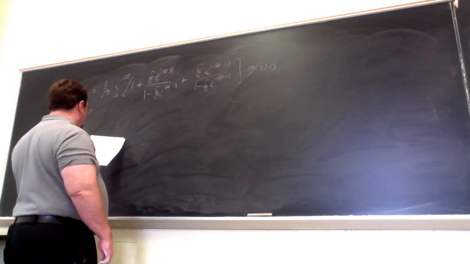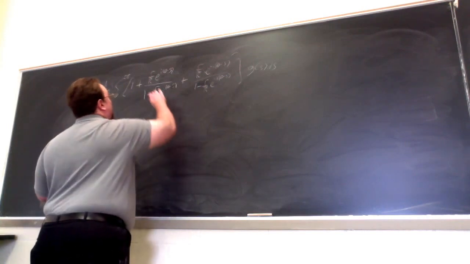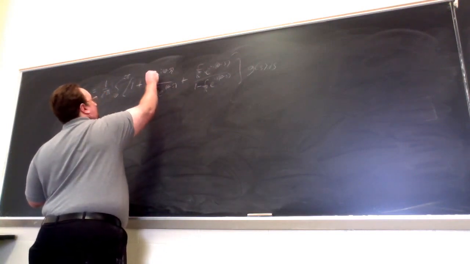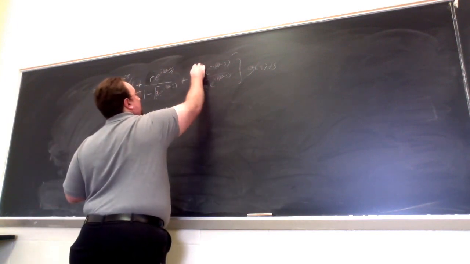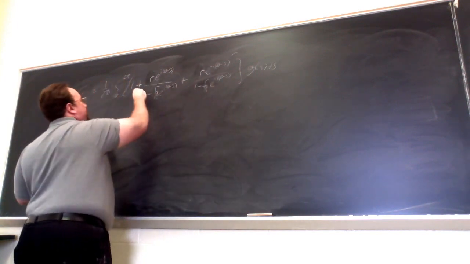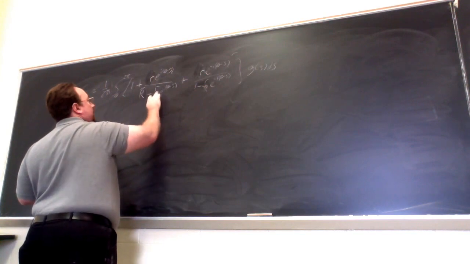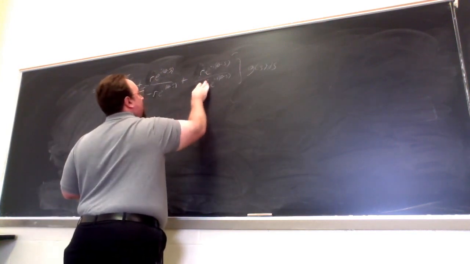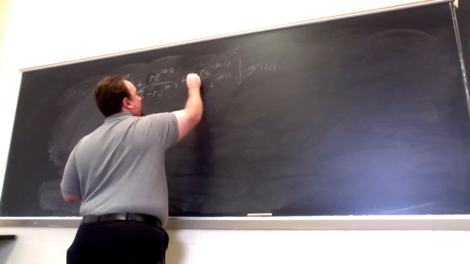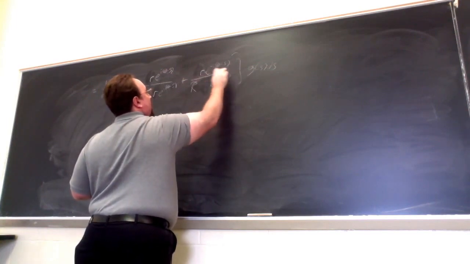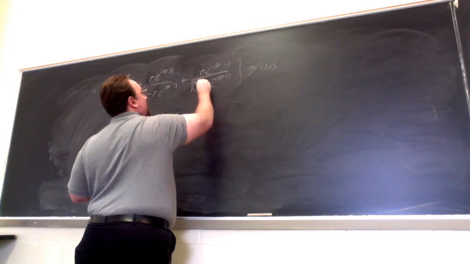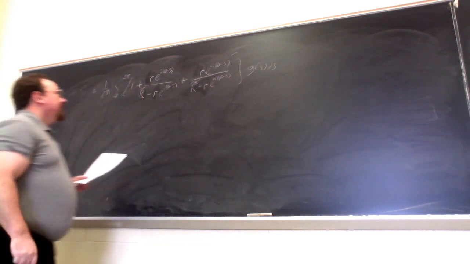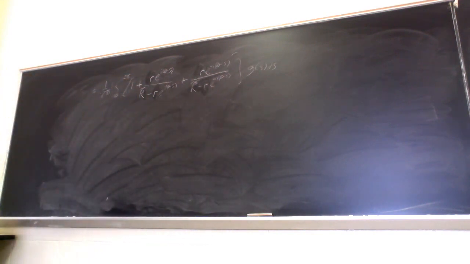I'm just going to do that right here because nothing else is going to change. So now I'm going to have little r up here, and then big R tilde, little r here, big R tilde here, and then little r there. Okay, so that's what we need to work with.